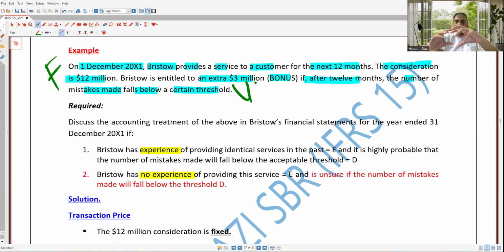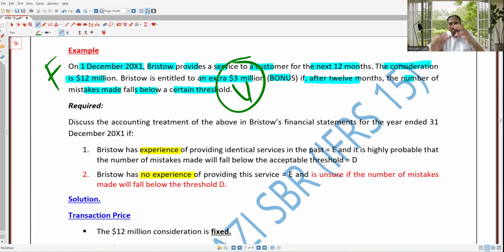Number 2 point, this is variable. So the second discussion point is whether this 3 million should be part of the transaction price or not. For this discussion, first of all, we need to decide. And how to decide?